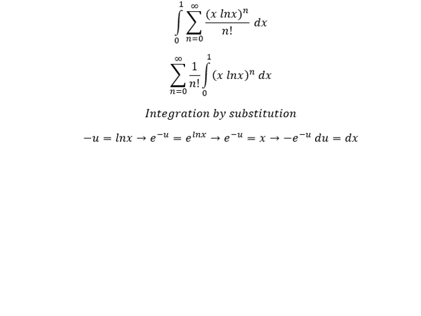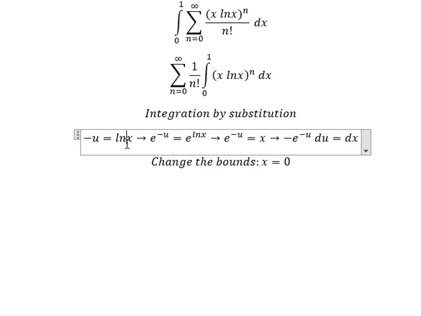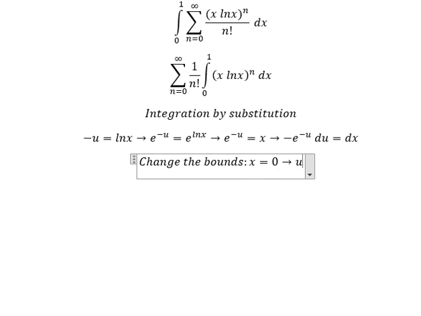Next, we need to change the bounds. When s equals number 0, so I will put number 0 in here, and then we have negative infinity. However, we have another negative sign, negative and negative. We have u approach positive infinity.